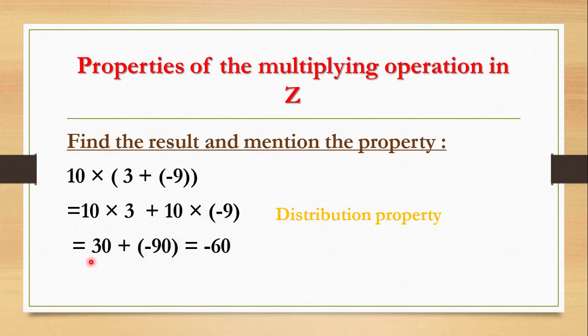Here we have different signs, so take the sign of the greater, negative, then subtract 90 minus 30 is 60. So the result is negative 60. And from the beginning, 3 plus negative 9 is negative 6, and negative 6 times 10 is negative 60.